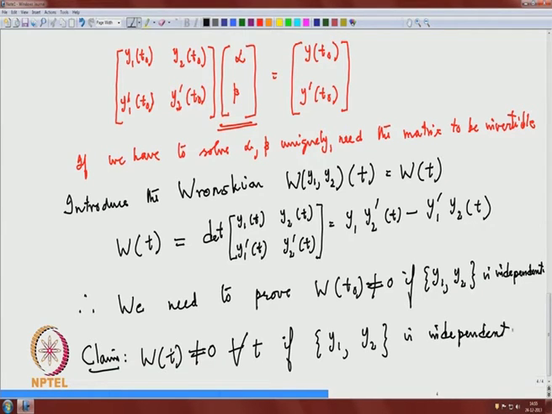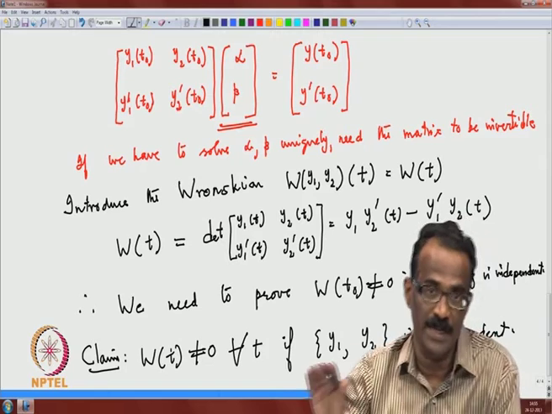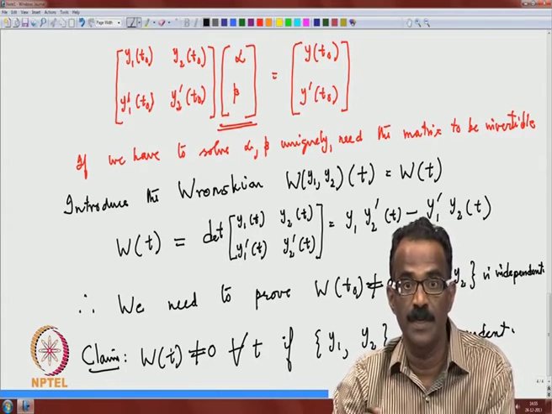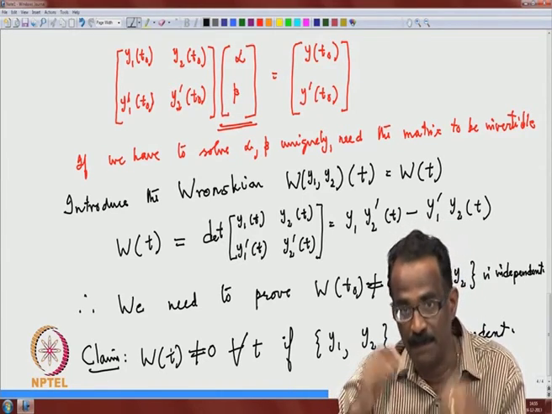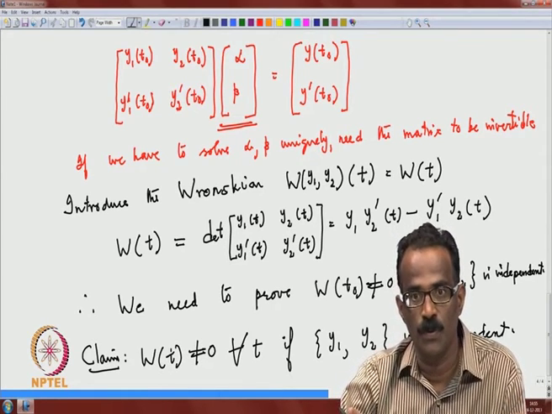So, this is in two steps. First we will show that W is either identically 0 or never 0; for that you do not need independence. Then we will show that in the case of independence it is not 0.